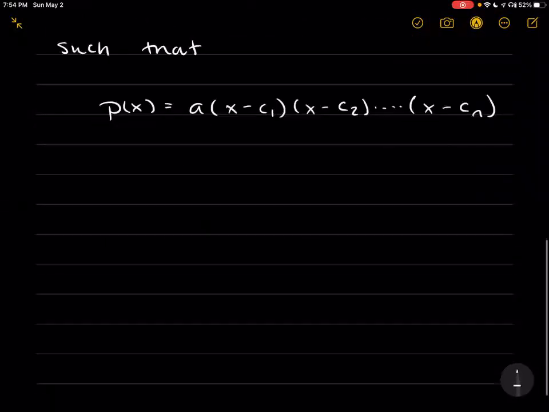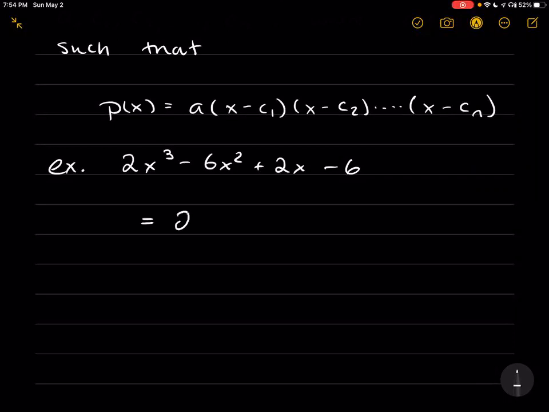So let's look at an example to really see what this is saying. Let's say, for example, we had a polynomial like 2x to the third minus 6x squared plus 2x minus 6. So it turns out you do some algebra, and you can eventually factor this to be 2 times x minus 3, x plus i, x minus i.